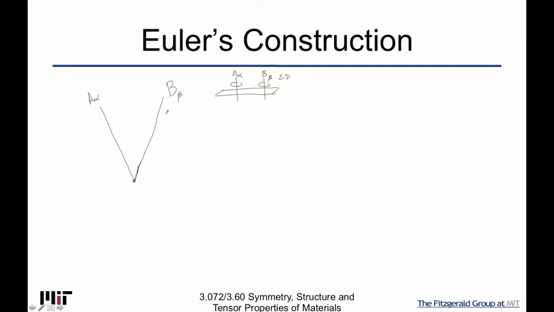If I add a rotation here, I have to make sure that's compatible with that. Now it turns out, as we suspect, if I do rotations here, that's equivalent to and therefore compatible with another rotation.